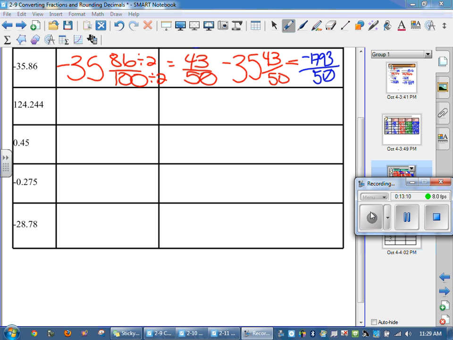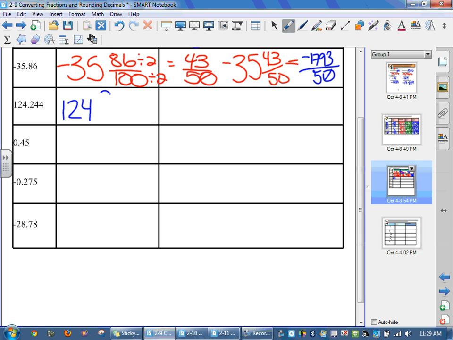So I get 124 and 244 over 1,000. Now what do you think 244 over 1,000 divides by? Well, let's start with 2. You always start with 2. Okay, so divide the top and the bottom both by 2 and see what we get. 124, something over 500.